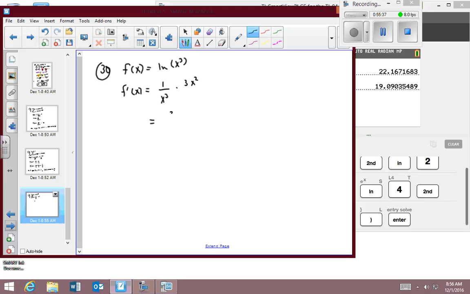So this is going to be 3 over x. And their question is, they said f prime of x equals 1 over x cubed. So, what is it? Incorrect, right? What they said it was not right. So this is incorrect.